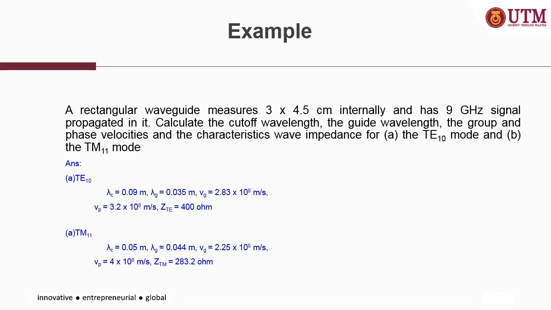Okay, we have another example. We have discussed 2 examples earlier, so I want you to repeat this example and make sure you try out every single component of the questions. You need to calculate the cutoff frequency, cutoff wavelength, guide wavelength, lambda g and lambda c, the group and phase velocities Vp and Vg, the characteristic wave impedance, but this time you have 2 different modes.